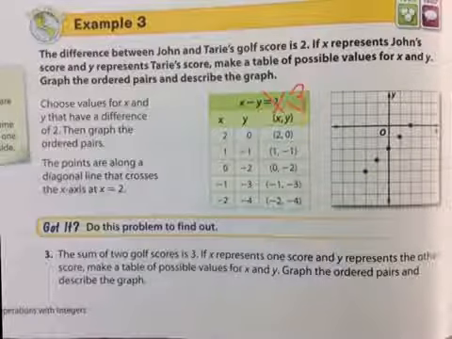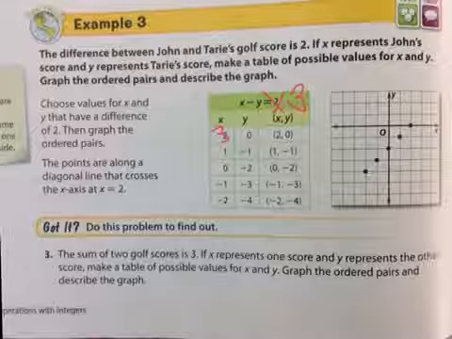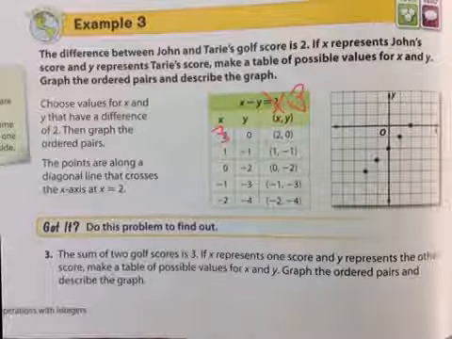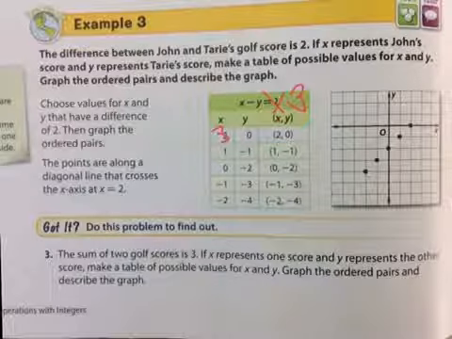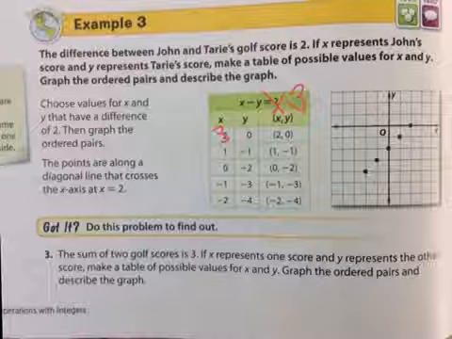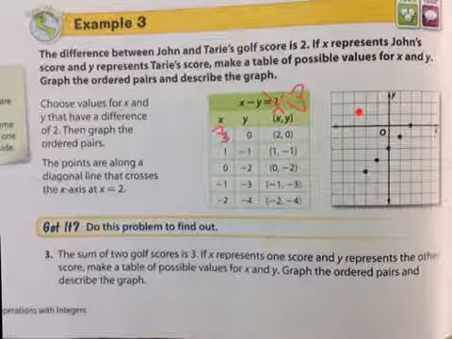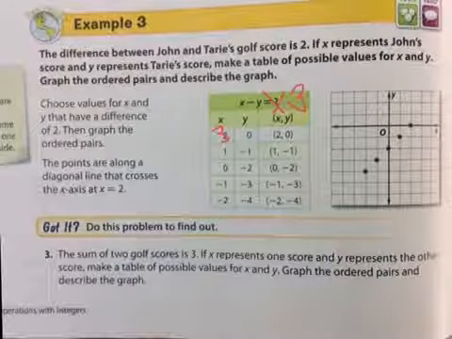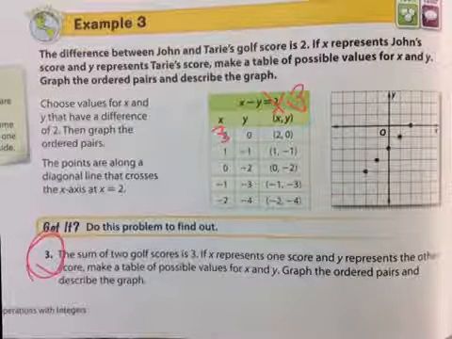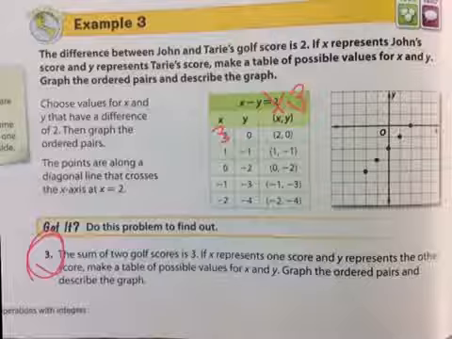So you would start here with 3 and 0, and you would move down the line accordingly. Okay, so go ahead. I'd like to see a table created like this, but with a sum of 3 and a coordinate plane labeled. Alright, that is going to be something I will be checking for. Please remind me. We're checking number 3 in class.